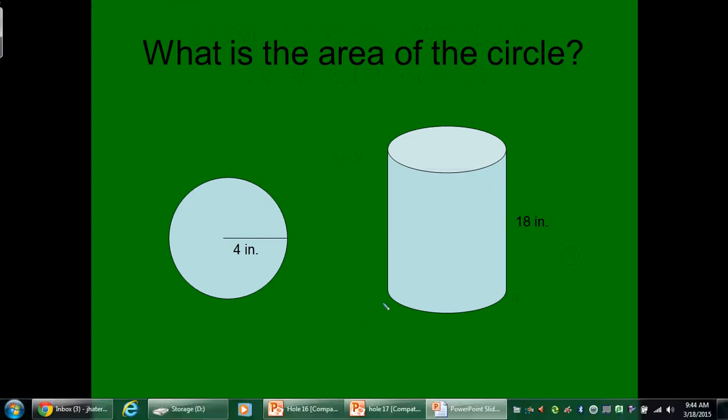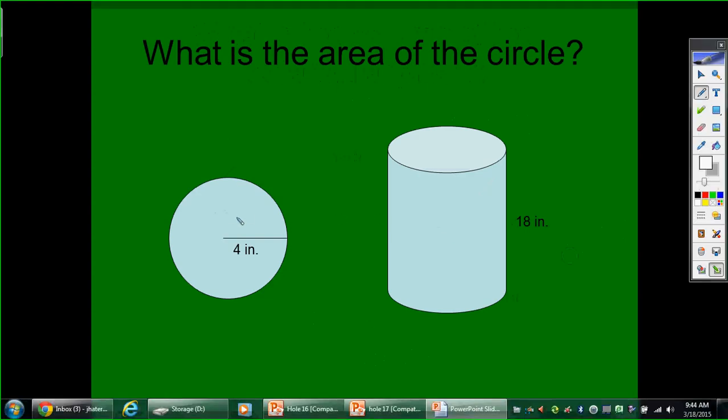When I have a cylinder, I'm going to do exactly the same thing. I'm going to look at this shape and find the area of the base, how many little squares it would take to cover this base, and then I'm going to see how many layers of those squares I would have.